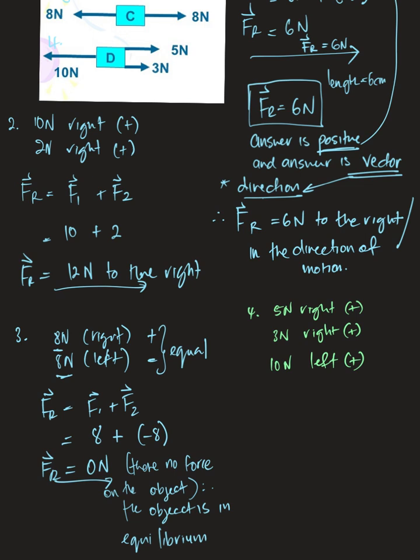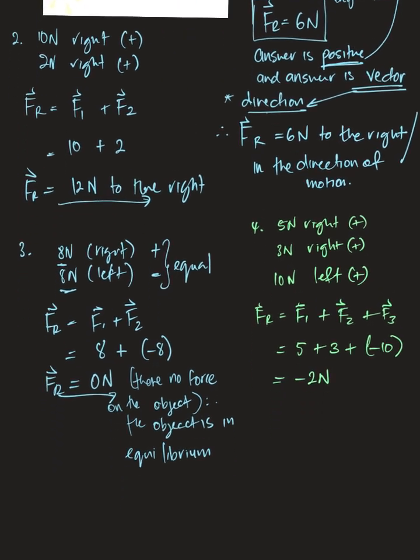Right, so let's do this. We're going to say Fr is equal to F1 plus F2 plus F3. And here I've got 5 plus 3 plus negative 10. And I'm going to pop all of that into my calculator, and I'm going to end up with negative 2 newtons.